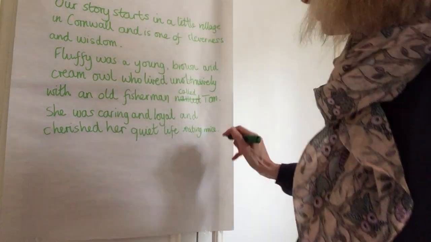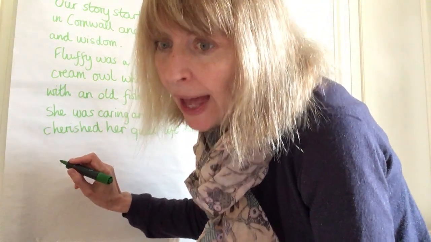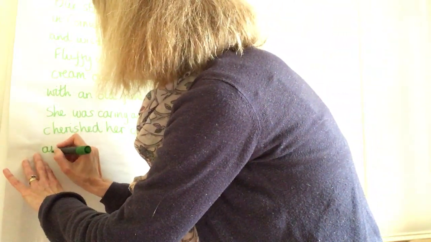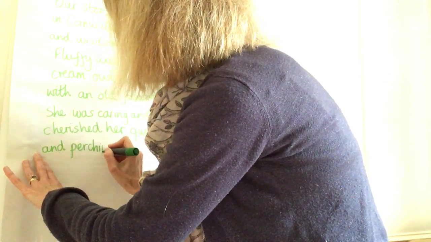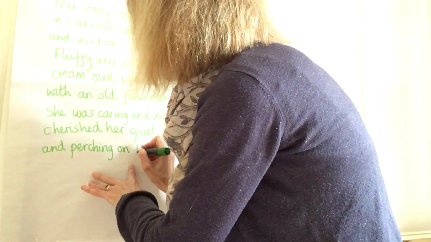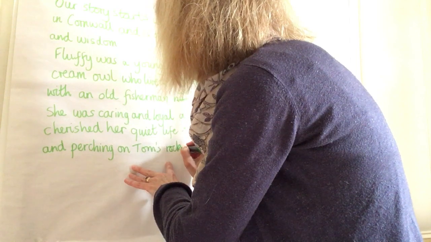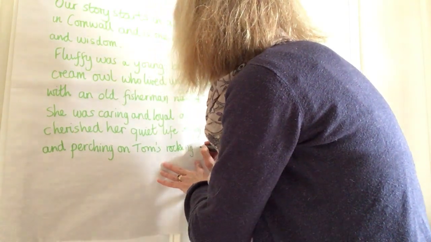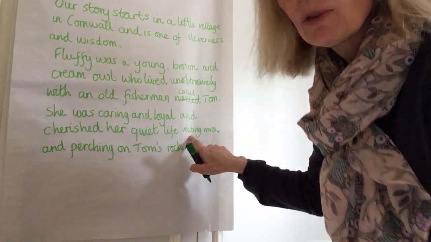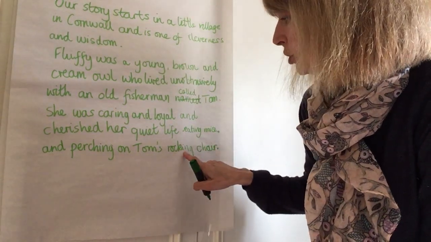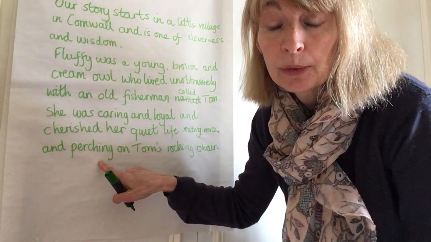So she eating mice, I don't need a full stop there, sorry. Eating mice and perching on Tom's rocking chair. There, I can put a full stop. Because I wrote eating there, I'm going to have to put perching here, so that the verbs match.